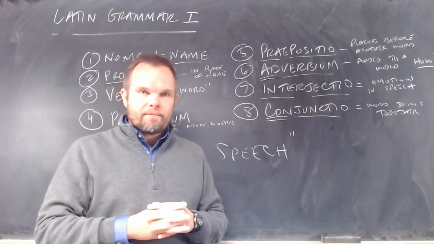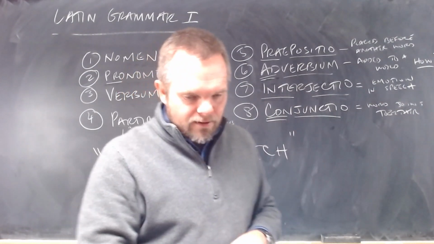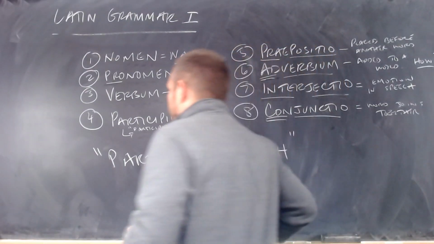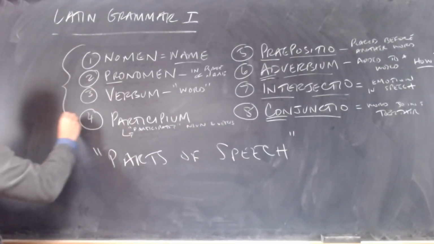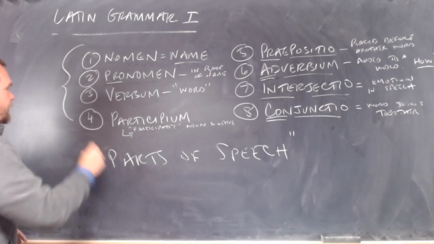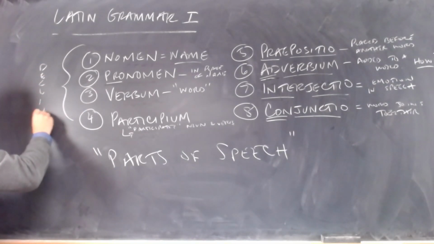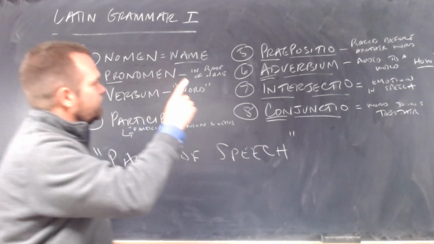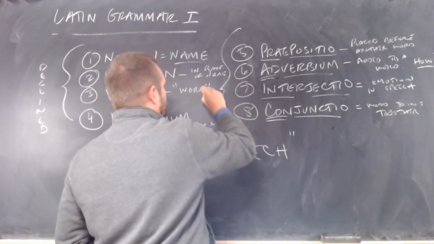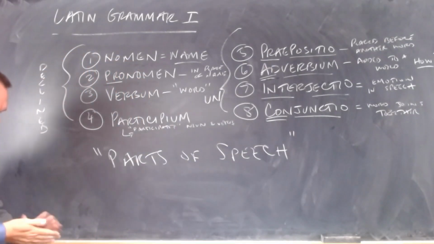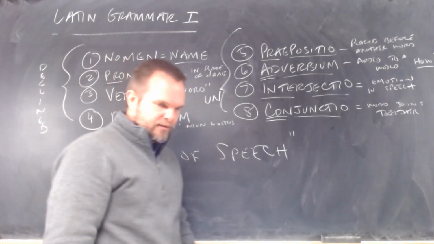Right? Okay, so the last thing in lesson 2, of these 8 parts of speech, these four are said to be declined, and these 4 over here are undeclined. It's the last bit of information in lesson 2.